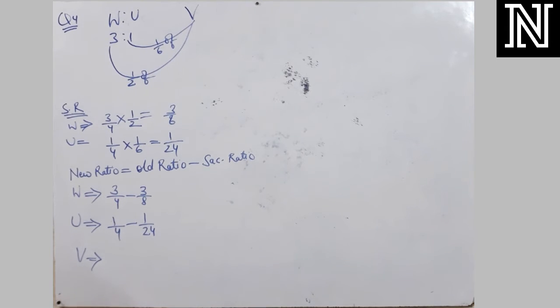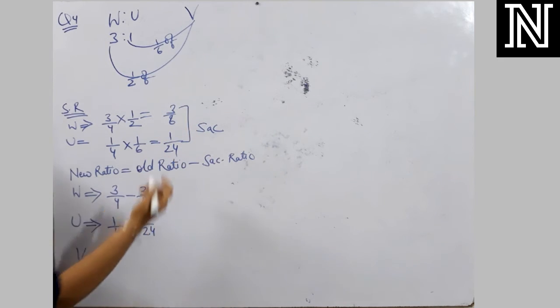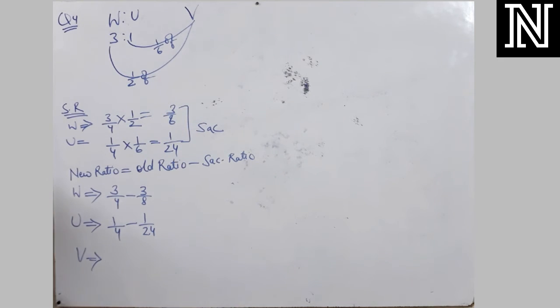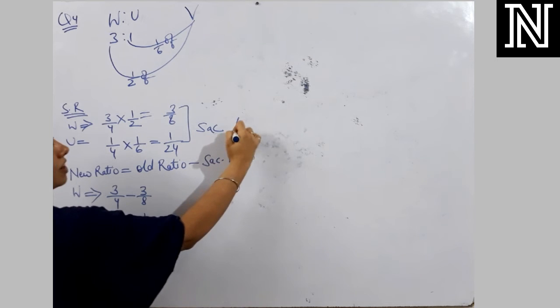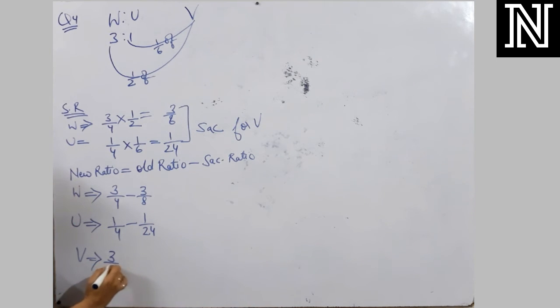So how do we find V's share? These two partners have sacrificed, so if we add their sacrifices, we will get the V share, because they are sacrificing for V.